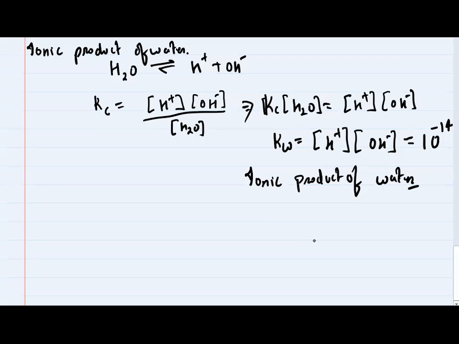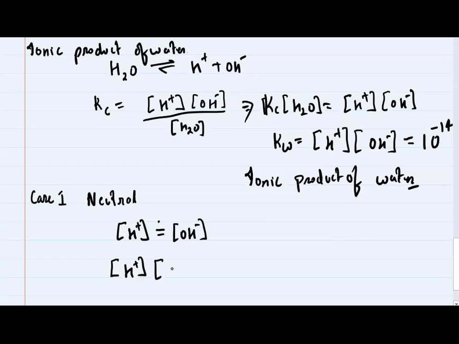Okay, got it, right? Now just think about this. Case 1: neutral solution. What do you mean by neutral? Neutral means concentration of H plus should be equal to concentration of OH minus. Yes or no? Now let's see. Using this, can I write concentration of H plus into concentration of OH minus as concentration of H plus squared?